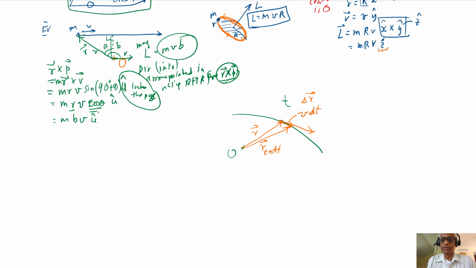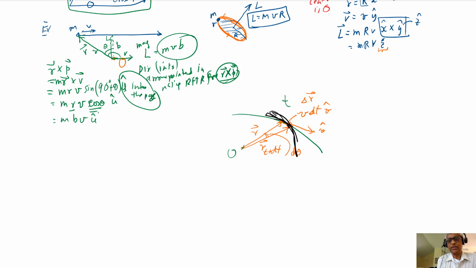Let's call it the v hat direction, in the direction of the velocity, right? Then if I think of this angle as d theta, then this will be very small, and I can consider that to be an arc, actually a circle.